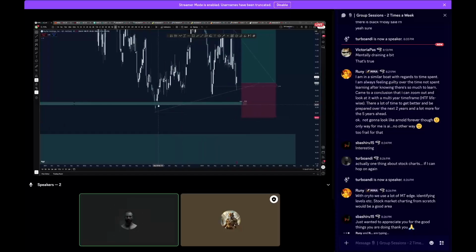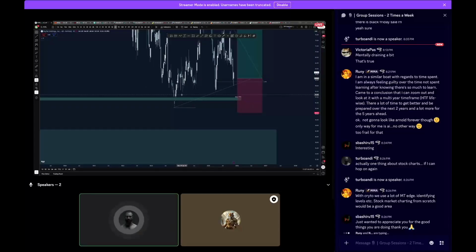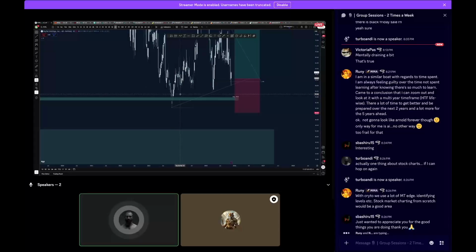Is this an FVG? Is this not an FVG? For example, if we take this wick high to this wick low, would that be an FVG? This isn't candle bodies, this is just wicks from this candle. I'm just wondering how to approach that.